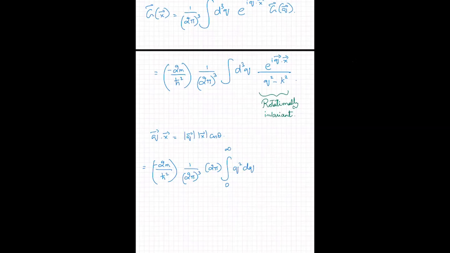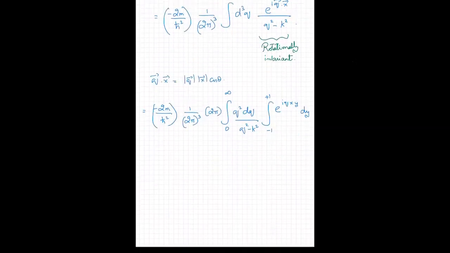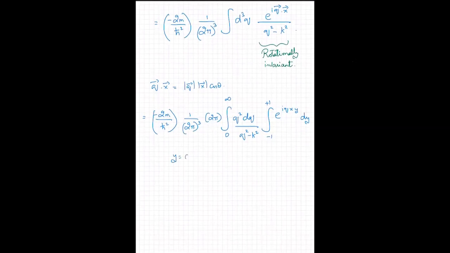Okay, and then there's going to be a q square minus k square here, and then there's going to be integration with respect to cosine theta, right? So I can write this integration as minus 1 to 1 e to the i q x y dy, where I have called y as cosine theta.